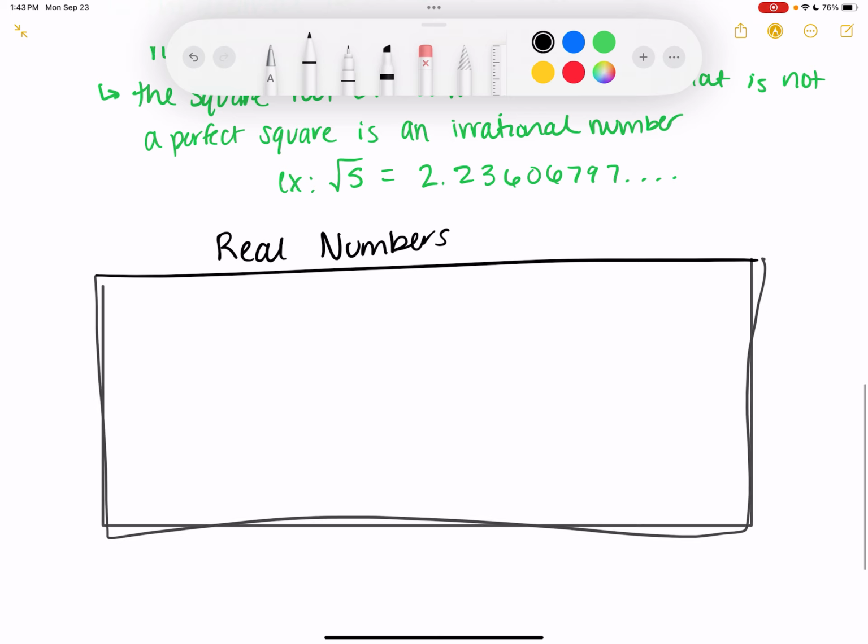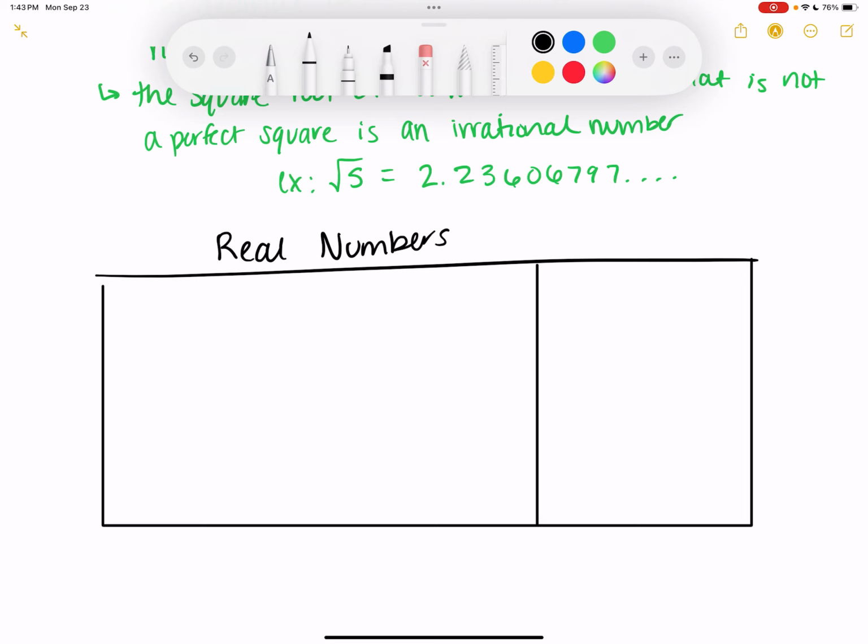So within this, I'm going to work over on this side first. The other day we had whole numbers that we started out with. Whole numbers are also integers. But remember, all integers are not whole numbers.